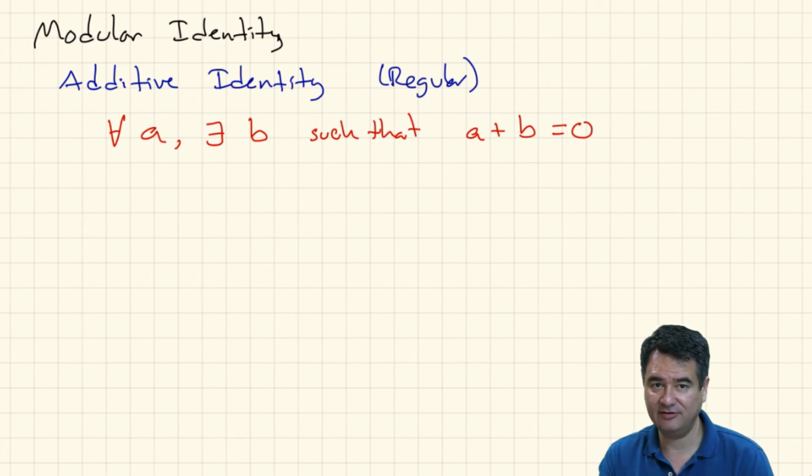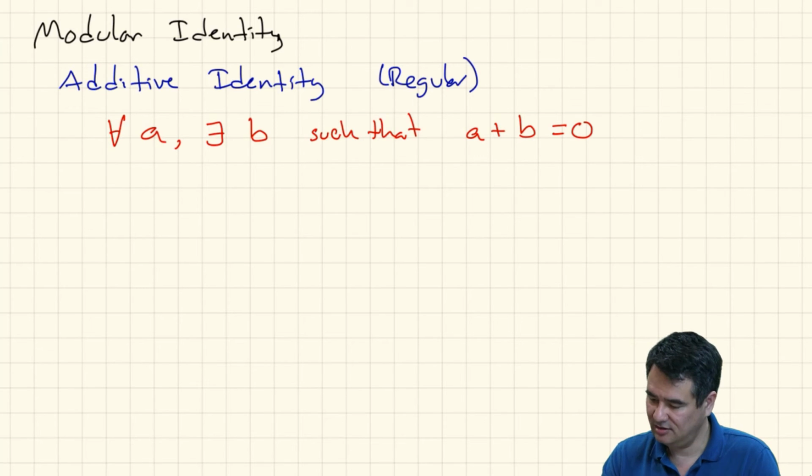Okay, that's what additive identity says. That for any number a, actually we say any integer, there exists some b such that if you add the two of them together, you'll end up with 0.